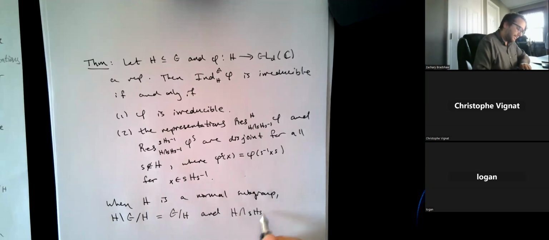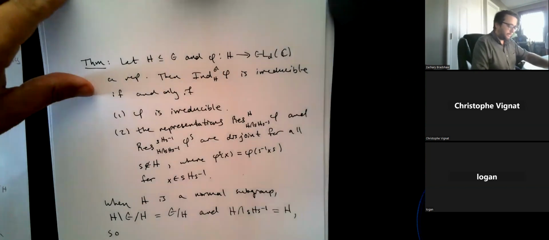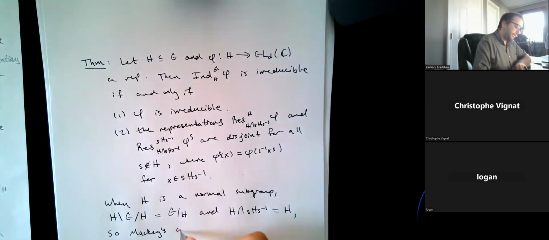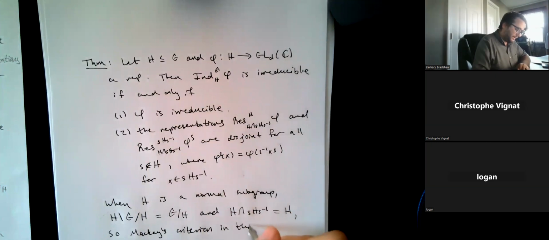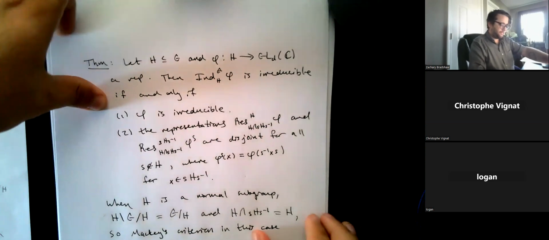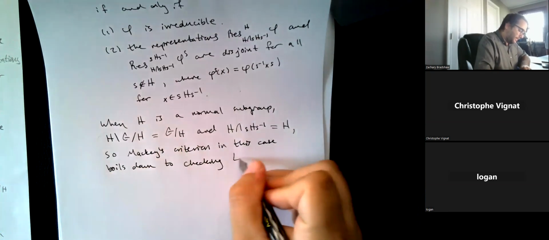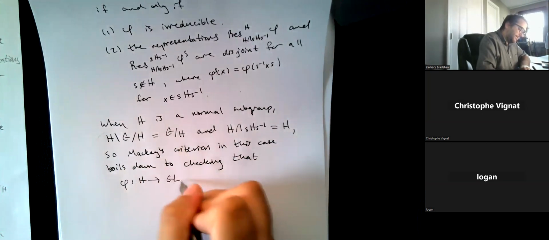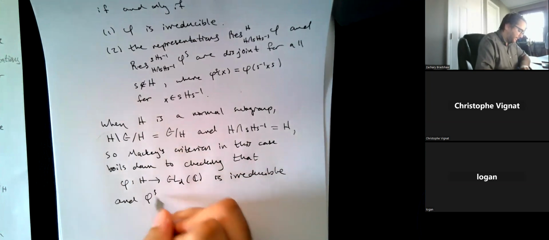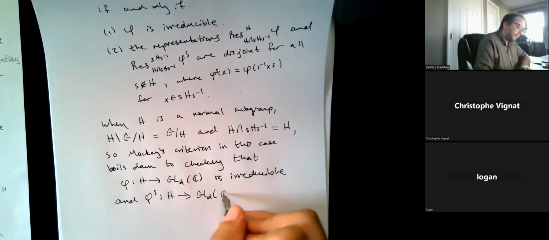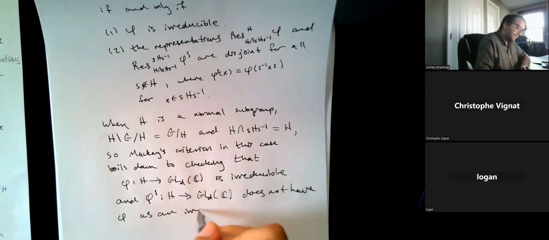And H intersect S inverse H S, if H is normal, well, then this is just H. And so Mackey's theorem, well, actually the criterion, that's this thing up here, in this case boils down to checking that phi from H to GL_d(C) is irreducible, and phi_S, which is this thing where the argument gets conjugated, does not have phi as an irreducible constituent.